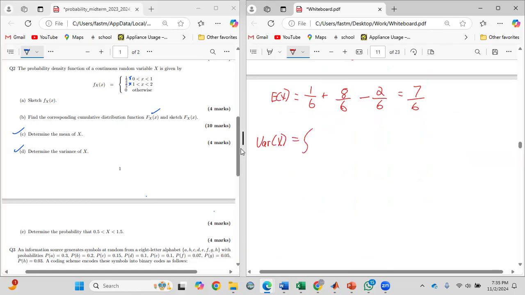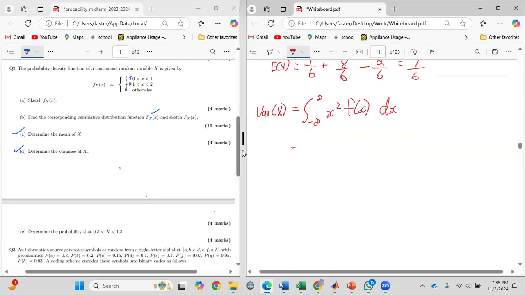is equal to the integral from minus infinity to infinity of x squared f of x dx. So the variance is x squared and the expectation is x. Same idea, we integrate it, but instead we use x squared instead of x. So it'll be the integral from 0 to 1 of 1/3 x squared dx plus the integral from 1 to 2 of 2/3 x squared dx.